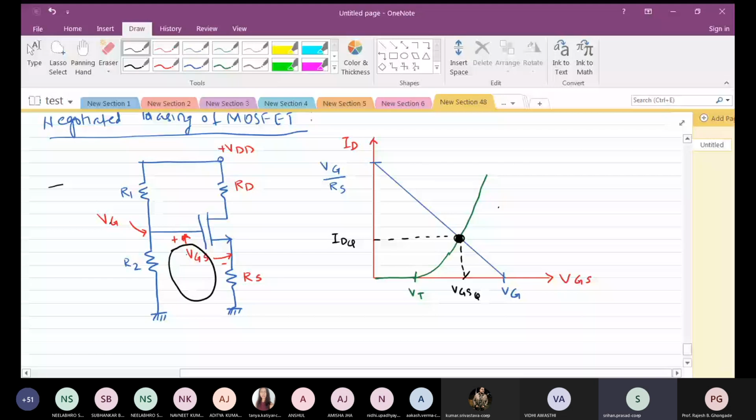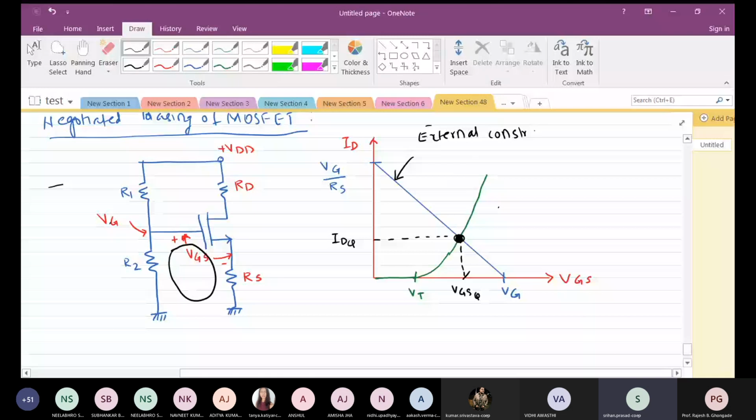For this we have RS as the load, and so the drain current will be decided by the maximum, VGS by RS. Now this is the external constraint which I was talking about.